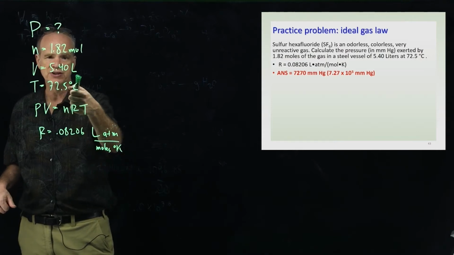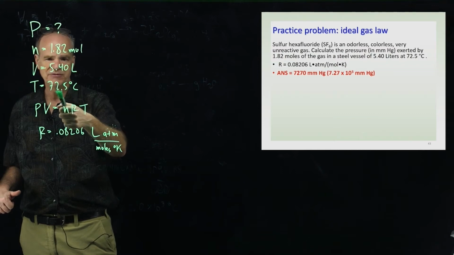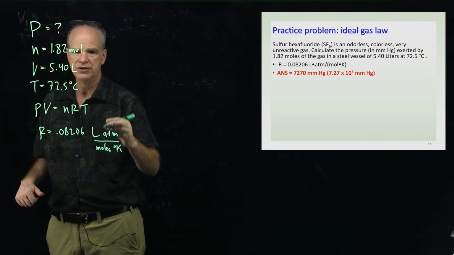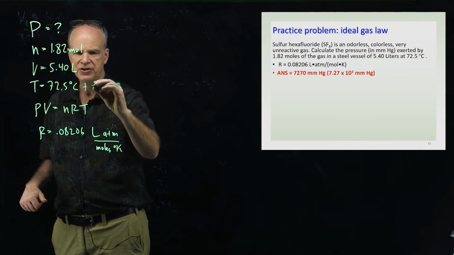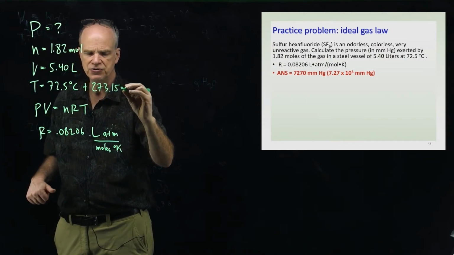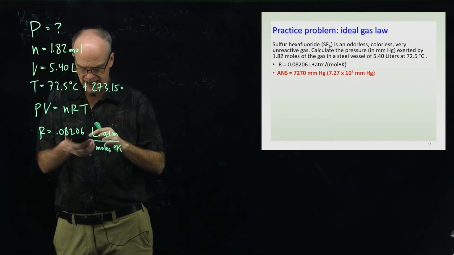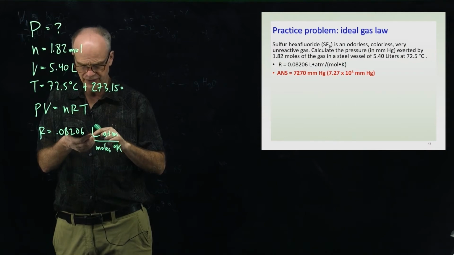Volume is in liters, which is good. We have an amount of gas in moles. We will have to convert this temperature into Kelvin, so it's going to be plus 273.15. Again, I'm going to use that trick that the book does, where we work out the temperature in Kelvin by adding 273.15 and then rounding at this point to the correct number of significant figures.